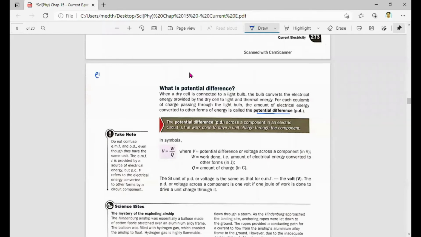So EMF is the energy to drive a charge around the whole circuit.